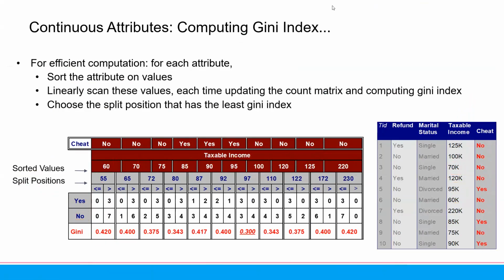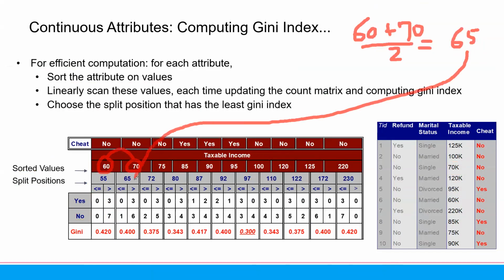Now we will do the next. After we check 60, we want to check the middle between 60 and 70. What is the mid value? 60 plus 70 divided by 2. Then we have 65. So 65 will be the mid value.